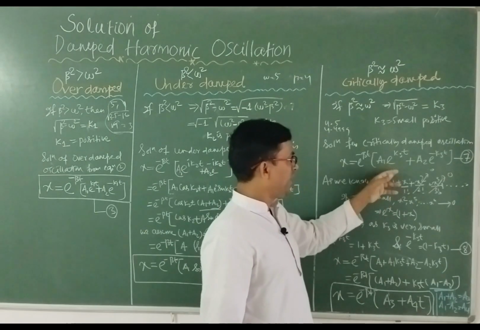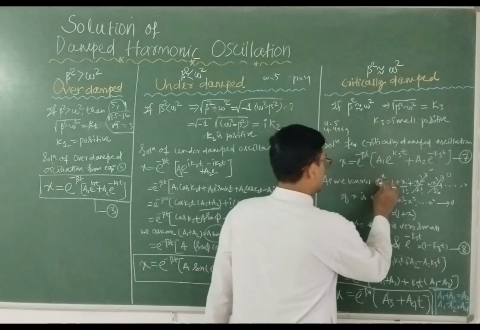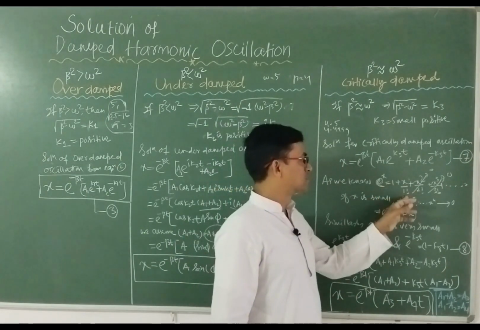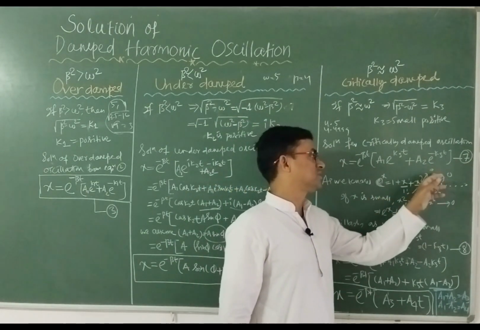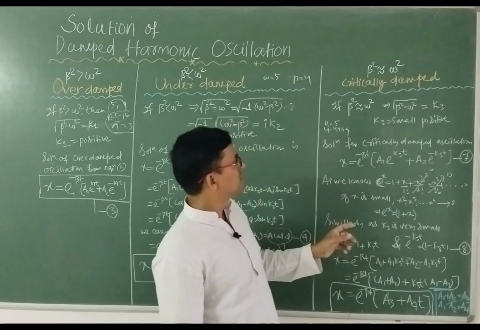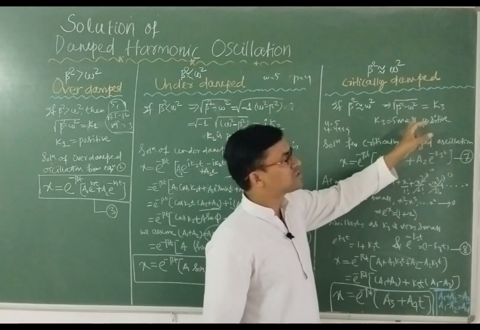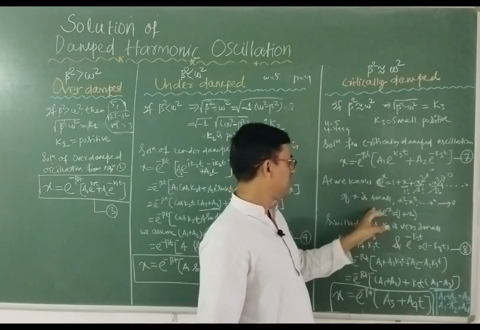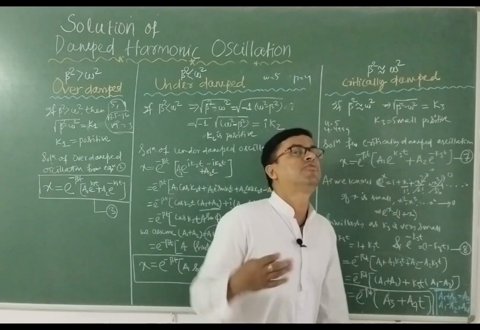So if we expand it, as we know, the expansion of the function e to the power x is 1 plus x by 1 factorial plus x square by 2 factorial plus x cube by 3 factorial. But here the term k3 is a very small number. And if x is very small, then x square will be further small.